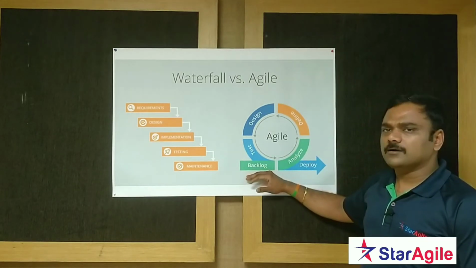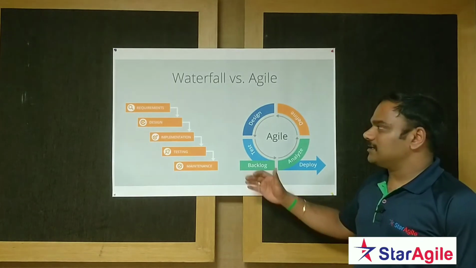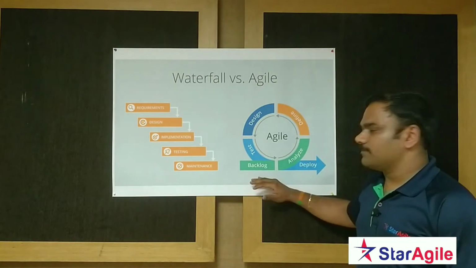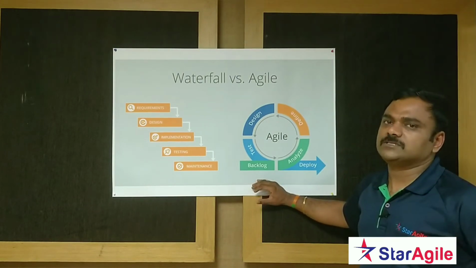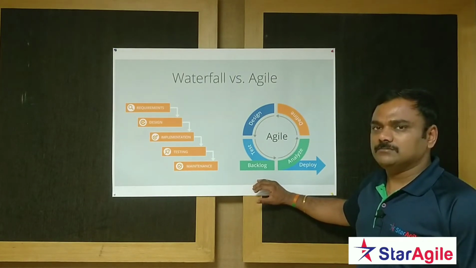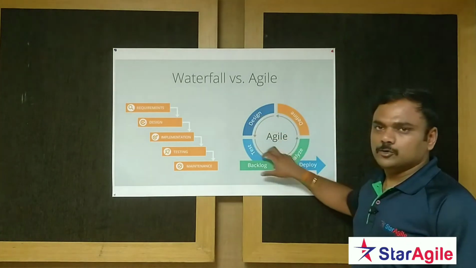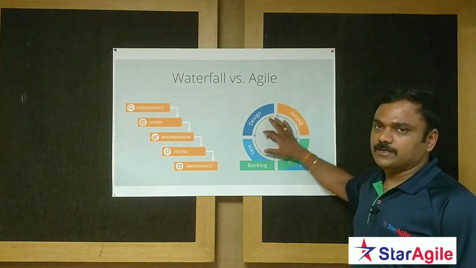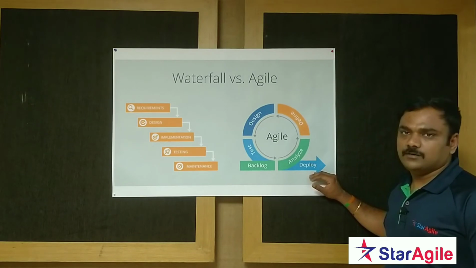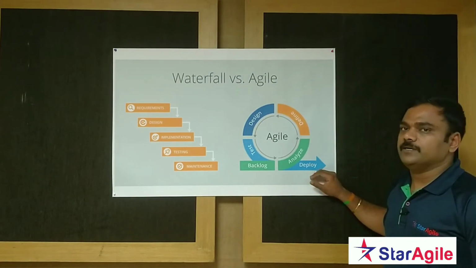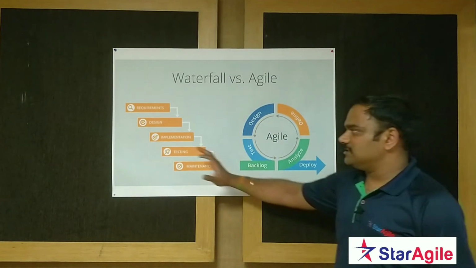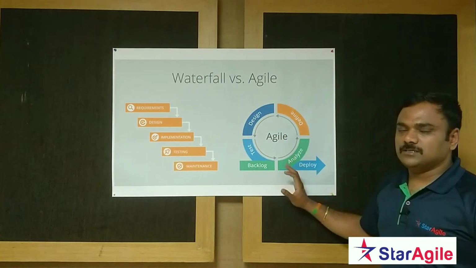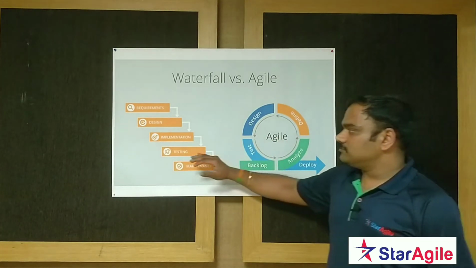I showed the backlog here because, unlike a requirement document, we have something called the product backlog in Scrum, which has an ordered list of features or functionalities that business wants. The team works in the order of priority, doing a bit of everything simultaneously every sprint and delivering something good enough to go to production, a potentially shippable working software, by the end of the sprint. That's a major difference: it's a phased approach there, whereas here you are doing a bit of everything.